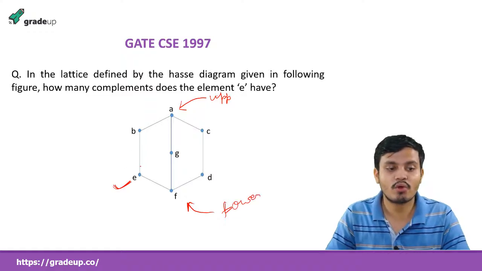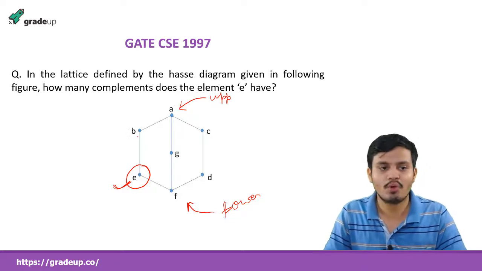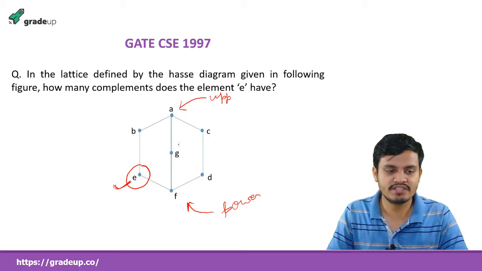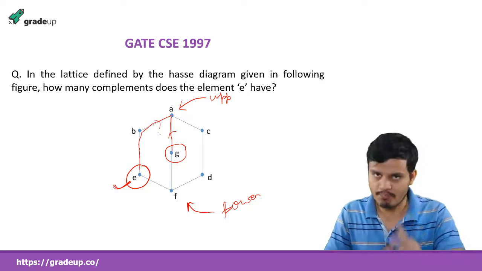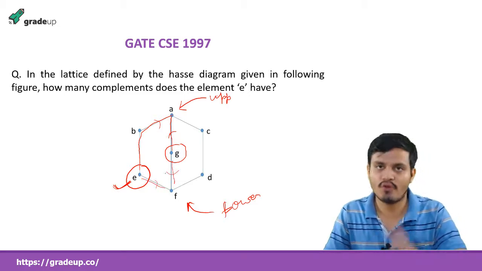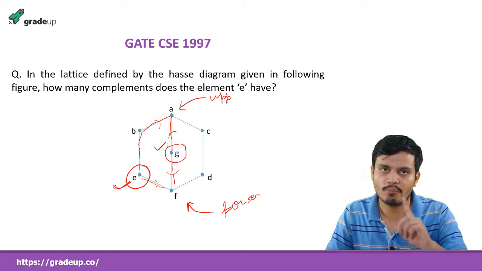Now try to find the complement of element E. If I say B, B cannot be, because then B is not. If I say G, let's see. Water is flowing from here and it is meeting here. So yes, A is the upper bound and then downward, F is the lower bound. So G is one complement.